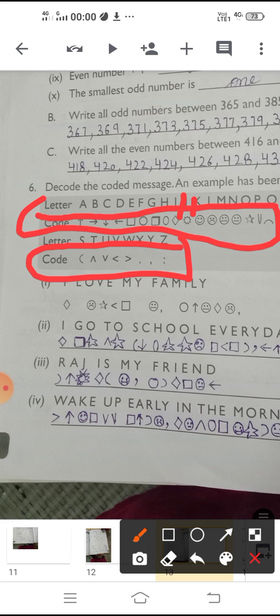For example, this portion of the star is colored. In the same way, for each and every letter or alphabet we have a code. We have to use that code and complete our sentence.